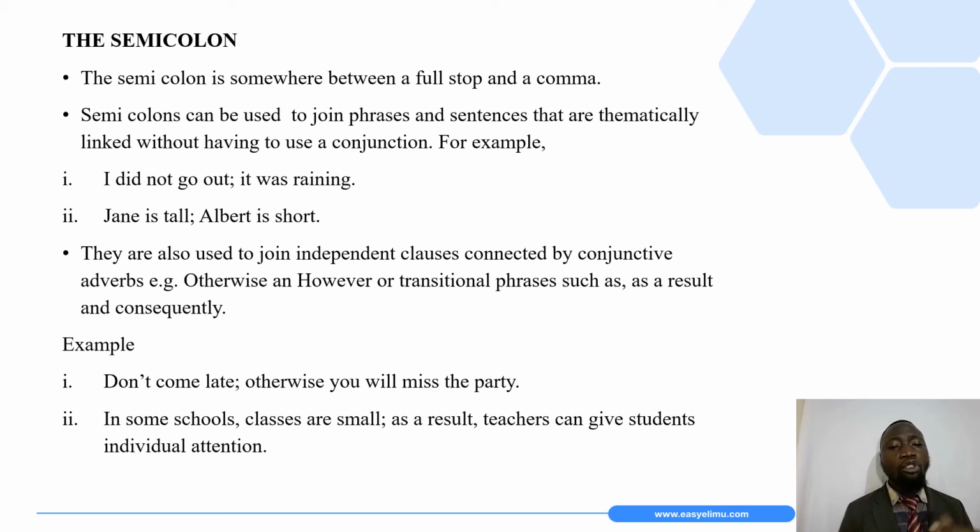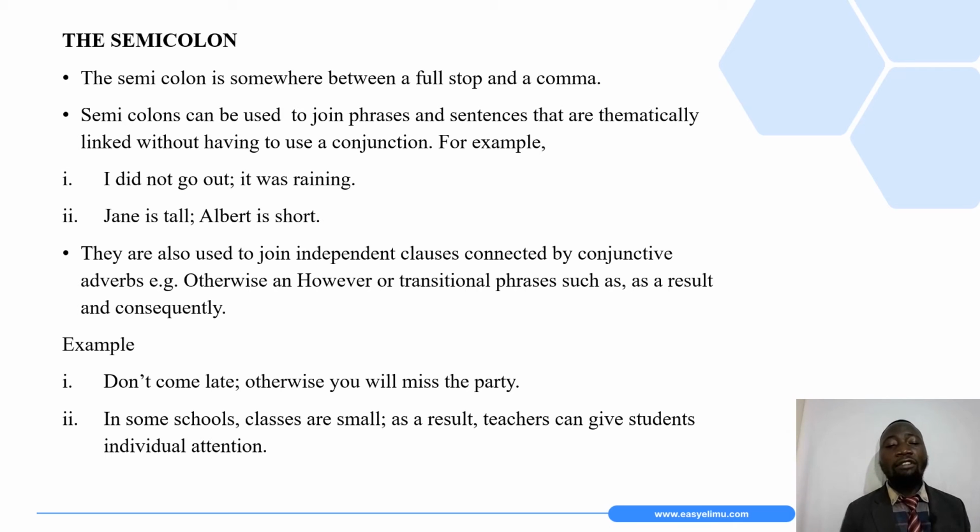They are also used to join independent clauses connected by conjunctive adverbs. Some examples of conjunctive adverbs are otherwise and however. We also have transitional phrases that we can join using the semicolon, such as as a result and consequently.